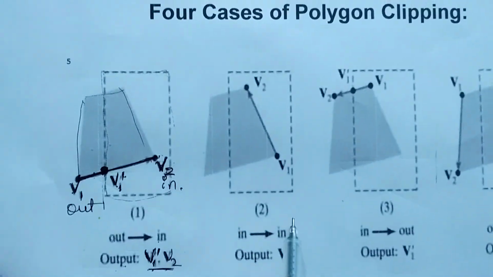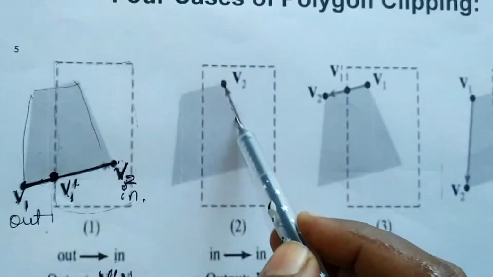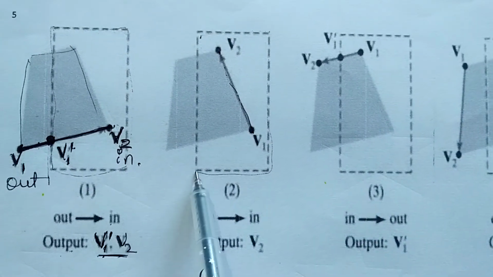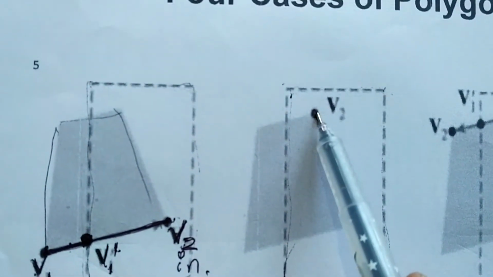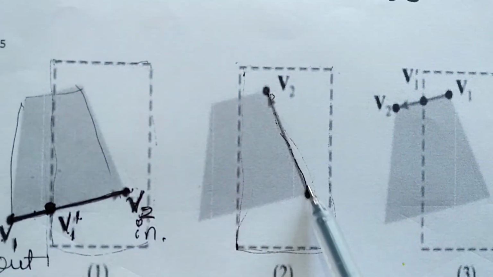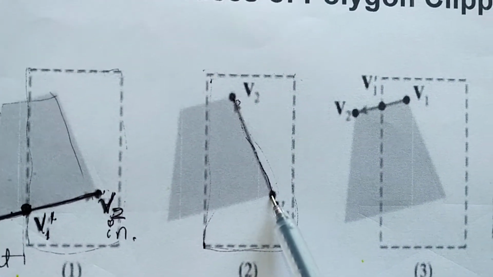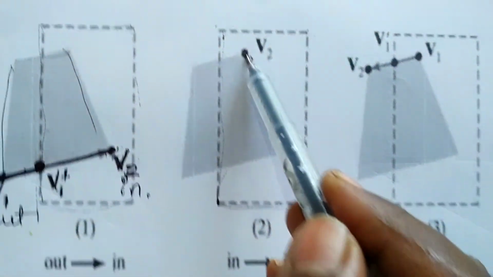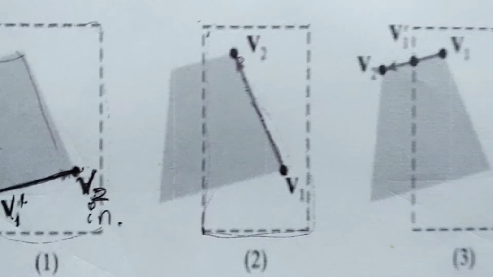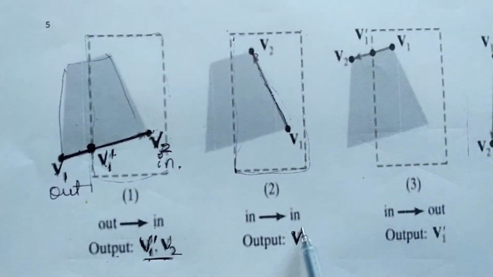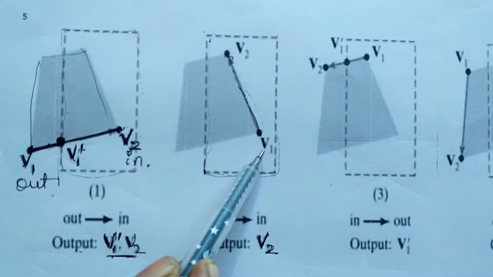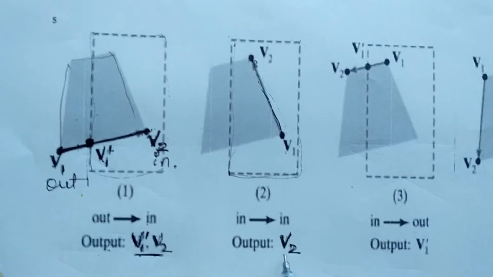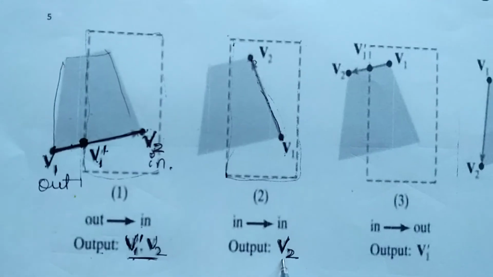In the second case, suppose your edge of the polygon is completely inside the clipping window. This is your clipping window. In this case, the entire edge of the polygon is inside the clipping window, from V1 to V2. In that case, we need to save the vertex V2.